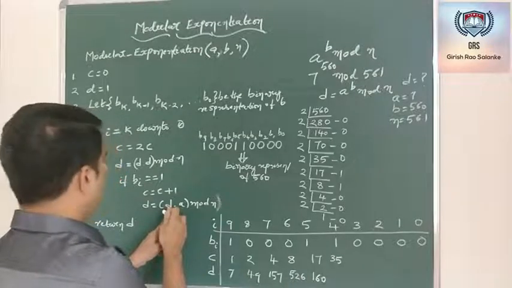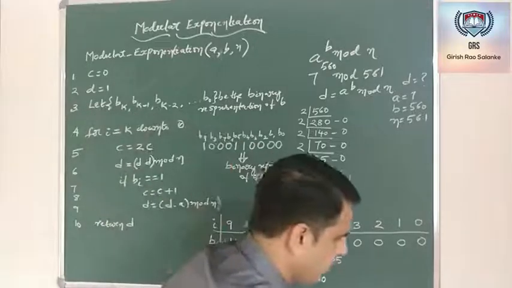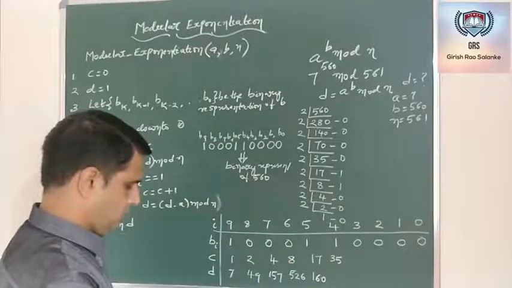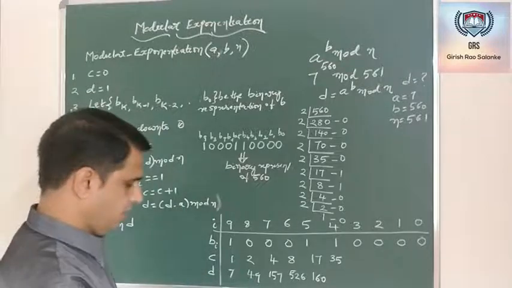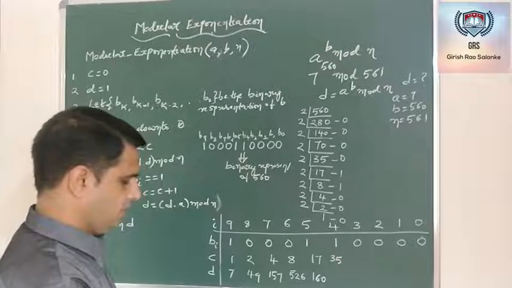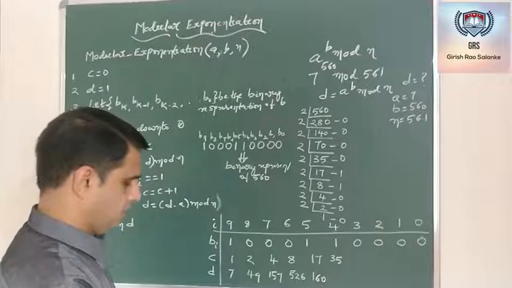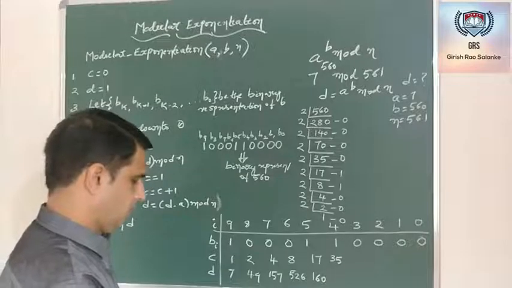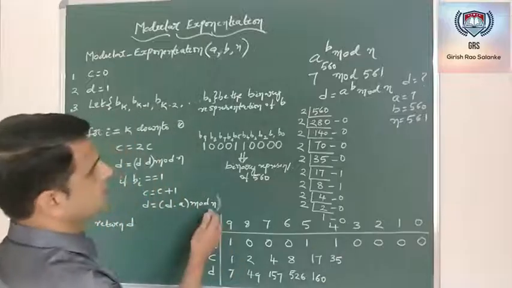It is 160 into A value, which is 7, mod 561.